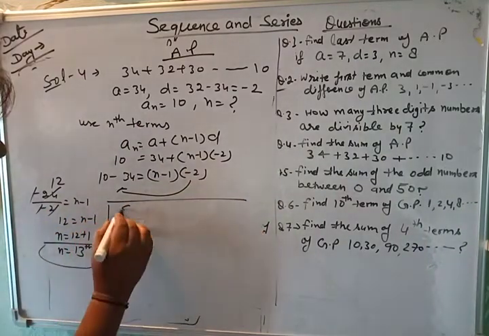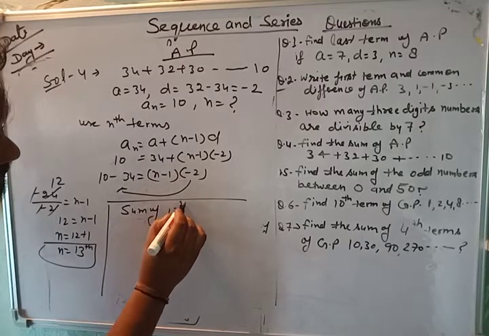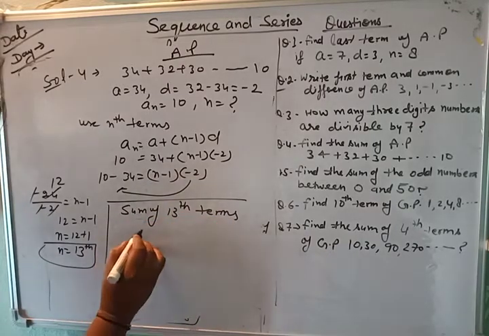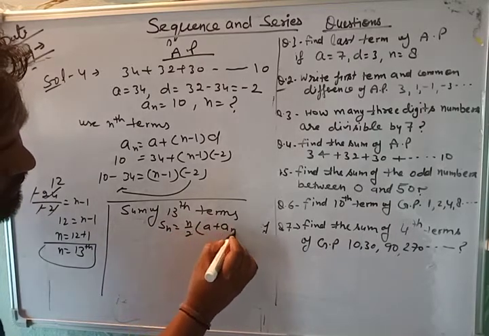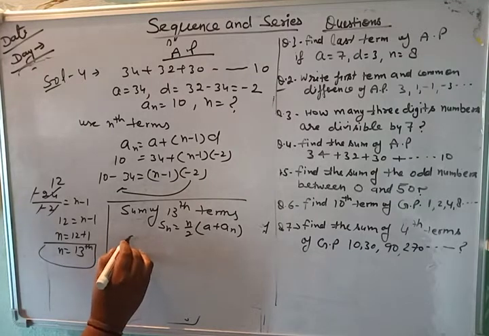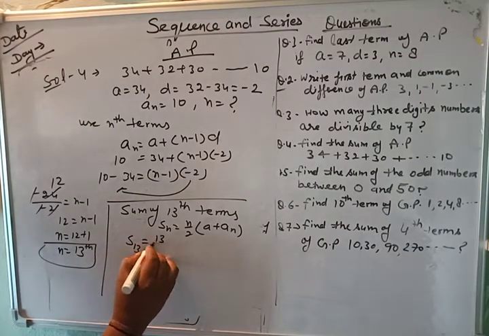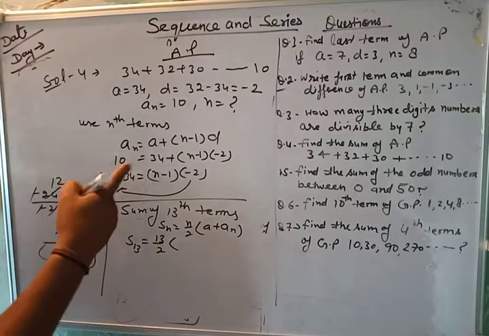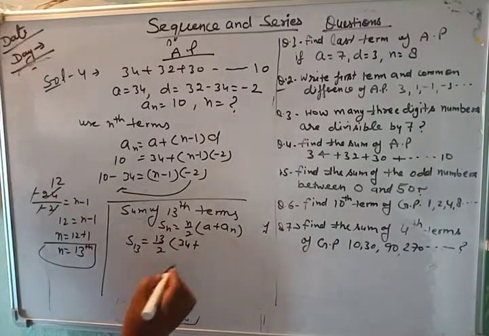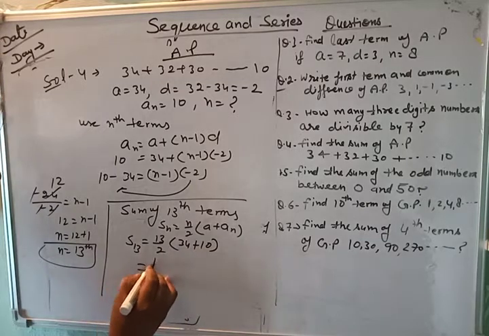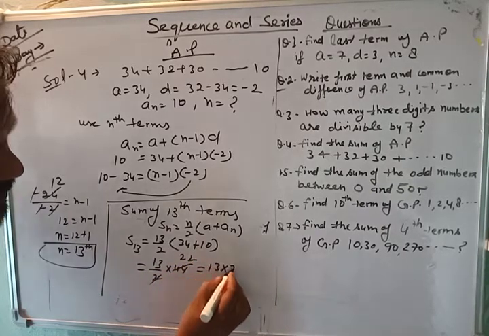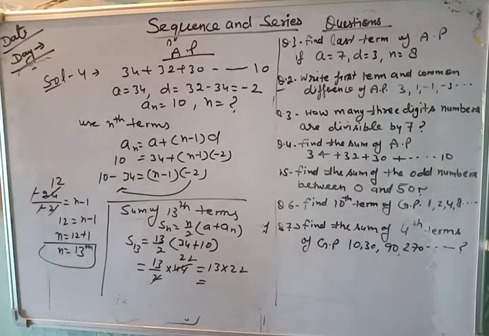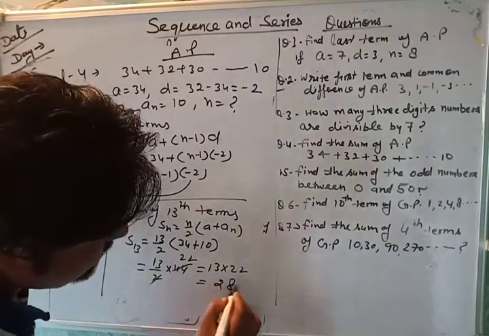So now the sum of 13 terms. Use Sn equal to n by 2 into a plus an, where an is l. S13 equal to 13 by 2 into a, what is a? 34 plus an, 10, that is 44 by 2, 2 cancels, 22, 13 multiplied by 22, and lastly we will get 286.